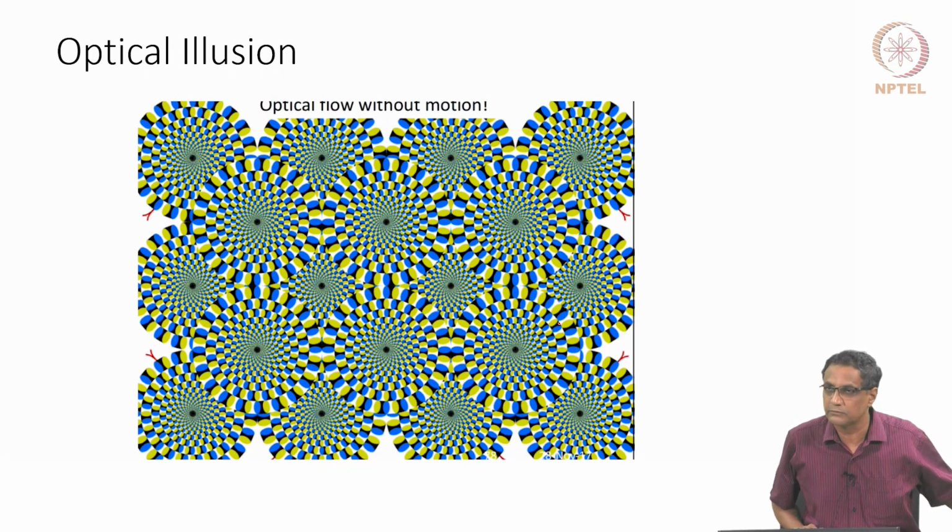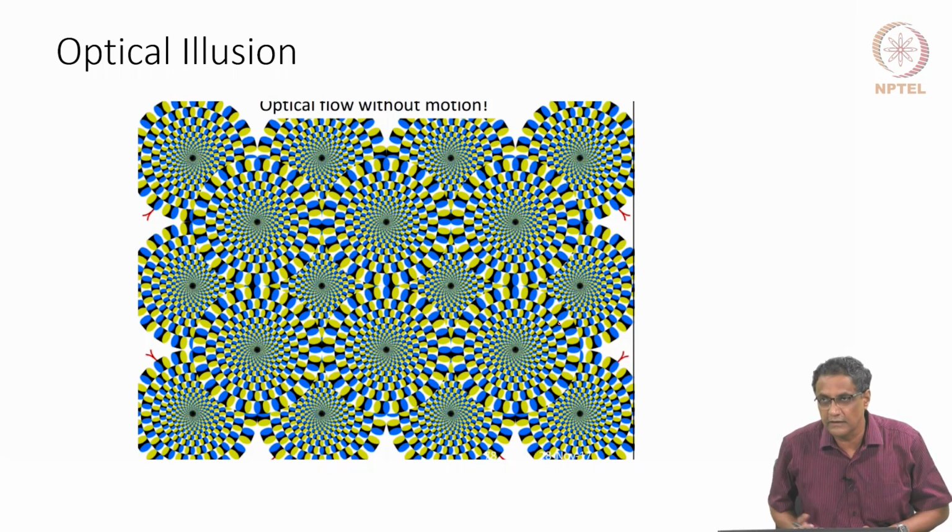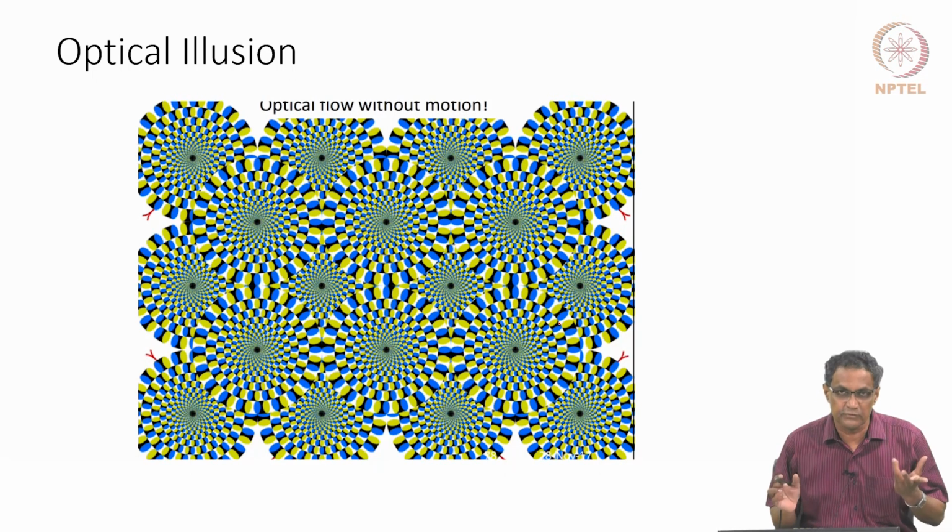Optical flow without motion: in your own eyes, there is actually motion. There is optical flow, whereas the scene flow is zero. If you take a picture with a camera and watch the adjacent frames, they would all look the same. But your visual system is seeing an optical flow when it is not there.